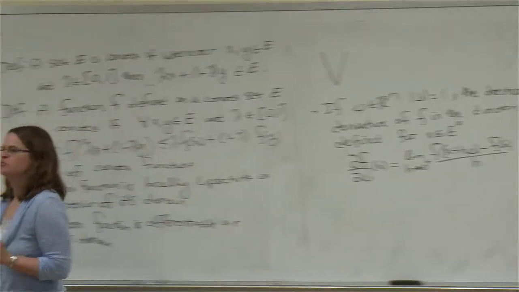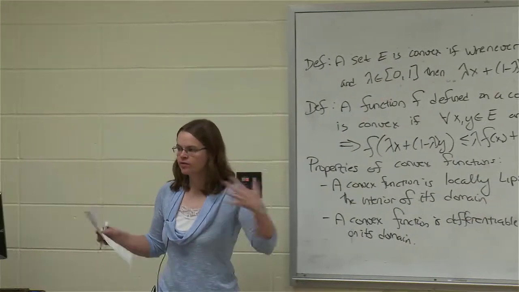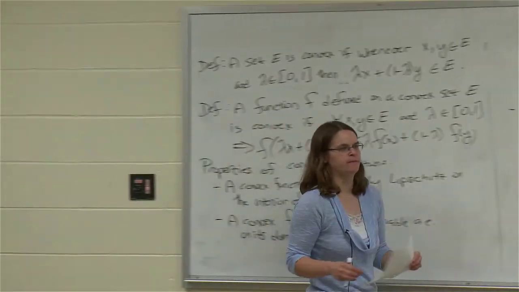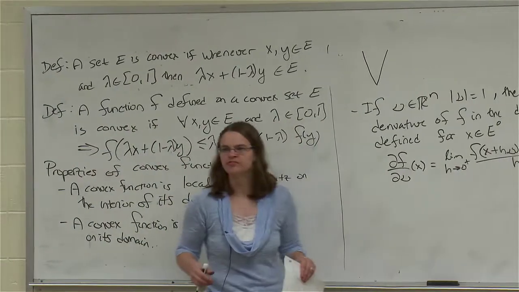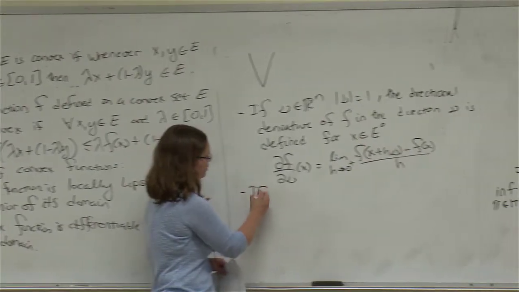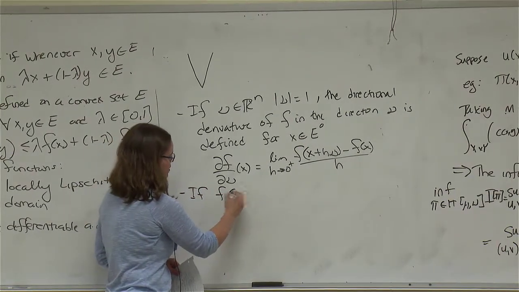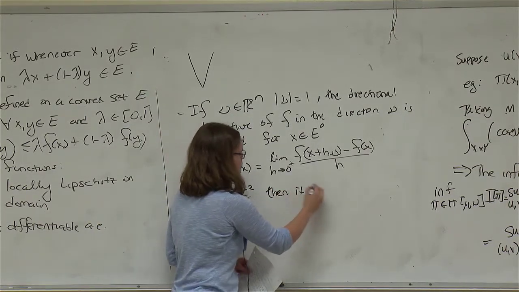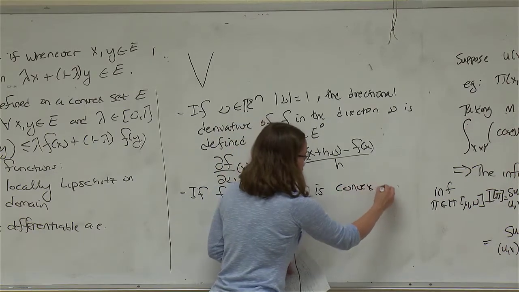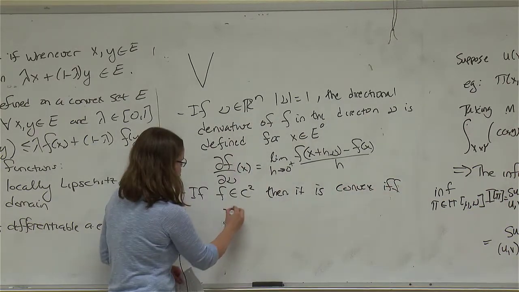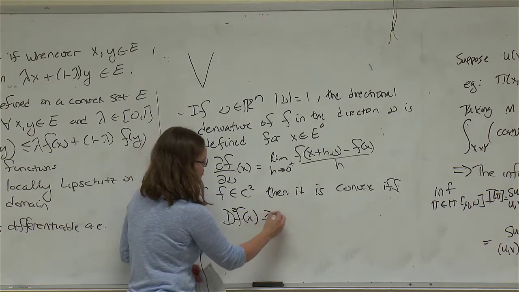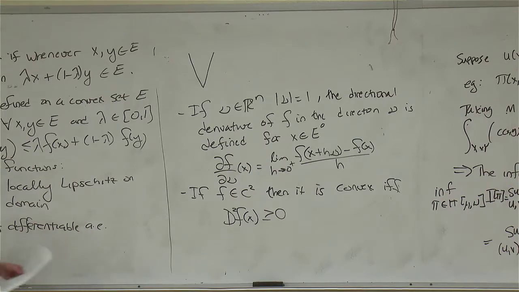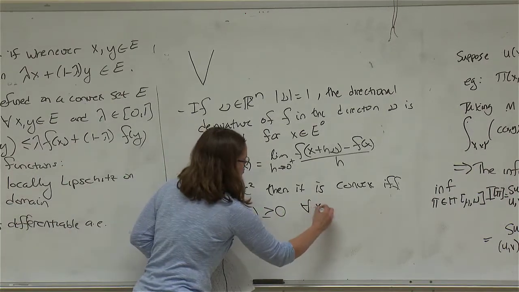If f happens to be smooth enough, then we can say something about its Hessian. What do you expect from the Hessian of a convex function? Positive definite, or positive semi-definite. So if f is C2, then it's convex if and only if the Hessian is positive semi-definite everywhere, for all x.